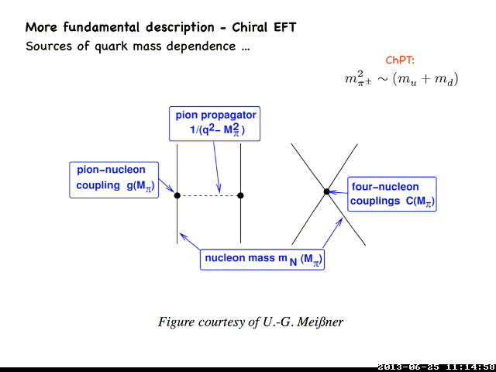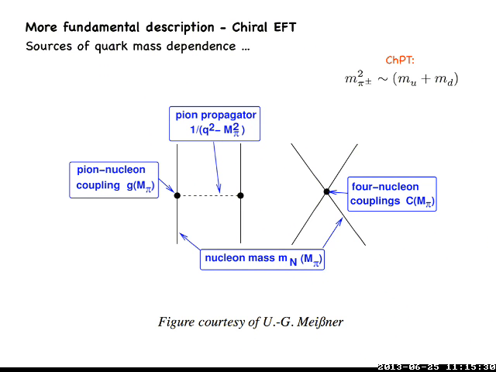The leading sources of this dependence would be the propagator of the pion and the coupling, the nucleon mass, and also some implicit dependence on the pion mass in the counter terms.